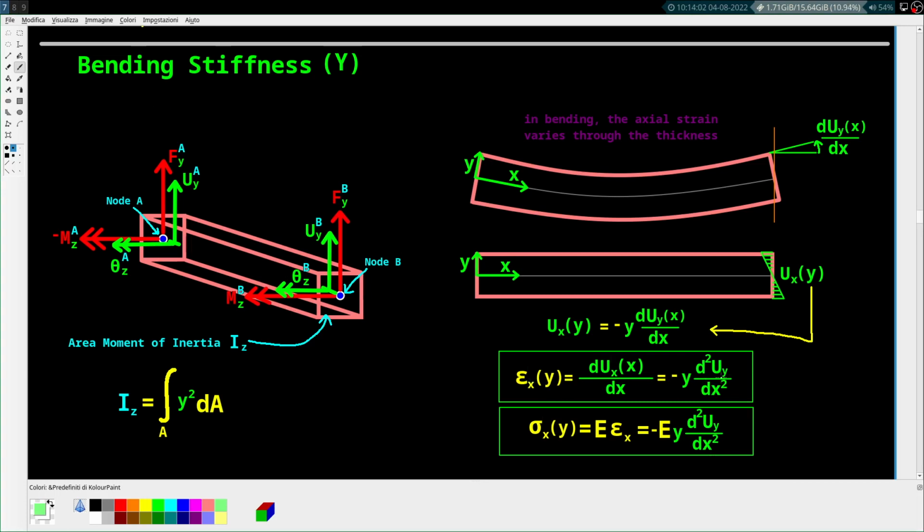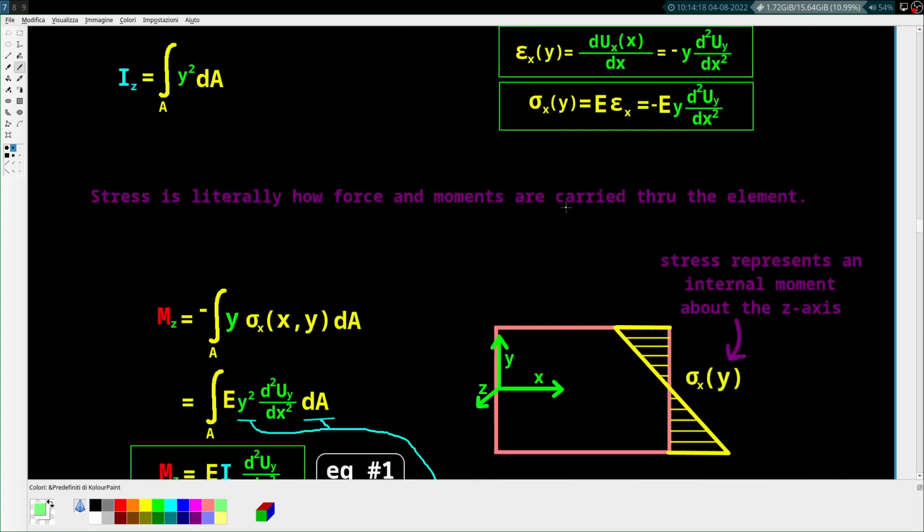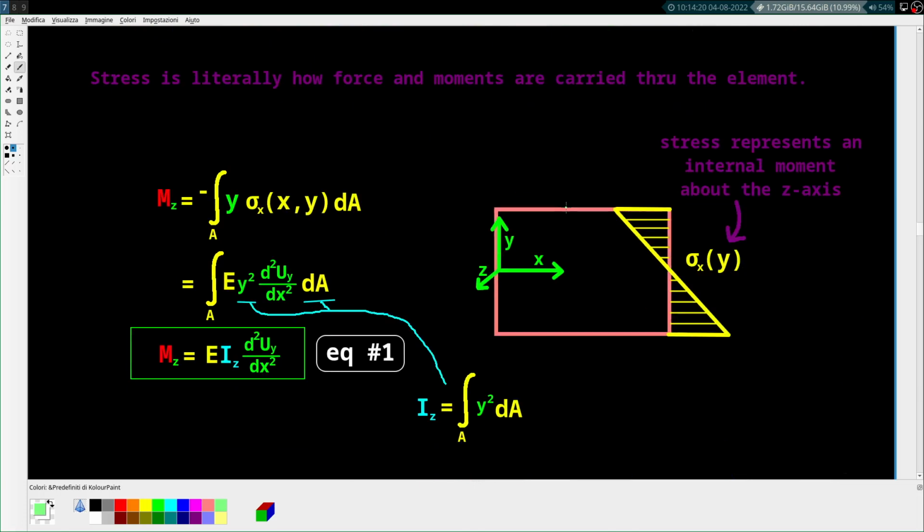So, in this case, the derivative of this with respect to x is just negative y d squared u dx squared. And what is the stress? Well, stress is just E times the strain. That's just an E out front. Okay? Simple enough. Now, keep that in mind for later. We'll use that later. So stress is just how forces and moments are carried through the element. And so a stress represents an internal moment, in this case about the z-axis.